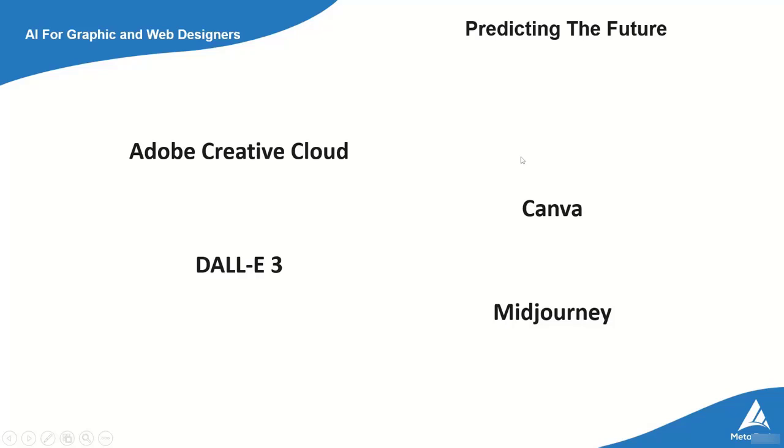MidJourney. MidJourney is another powerful AI-powered image generation tool that can create realistic images from text descriptions. These are just a few examples of how AI is being used in graphic and web design today. As AI continues to develop, we can expect to see even more innovative and powerful AI-powered tools emerge.